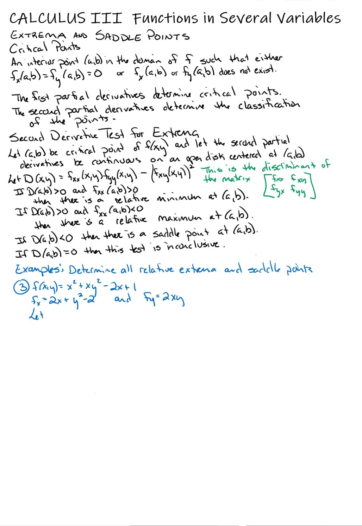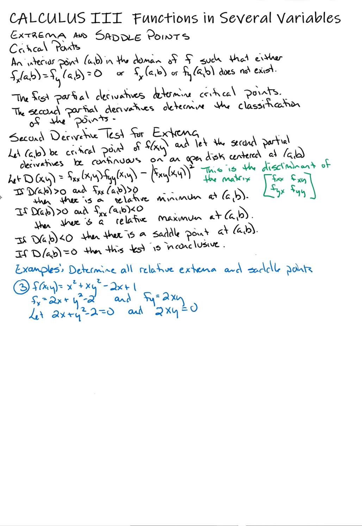I do notice it's when these two partials are either equal to 0 or they do not exist. These two are defined for all x's and y's, so I don't have to worry about the part where they don't exist. I just need to set them equal to 0 and solve from there. So let's go ahead and set each of these to 0, and then we'll solve this system.